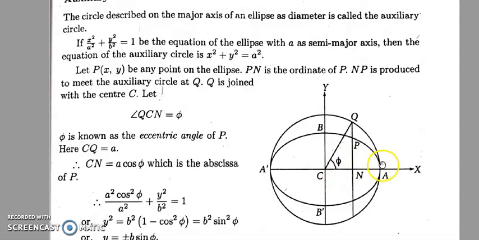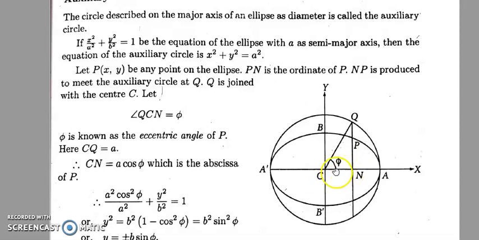And now Q is a point on the circle and C is the center of the circle. So the distance CQ is now the radius. So CQ will be equal to a. So this is a and you have the angle phi.